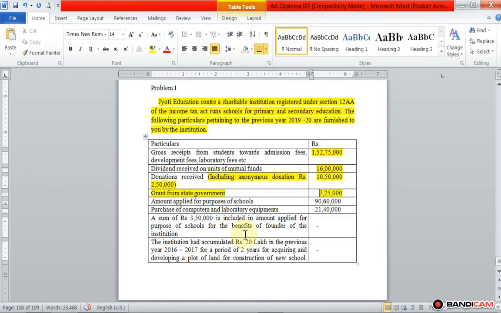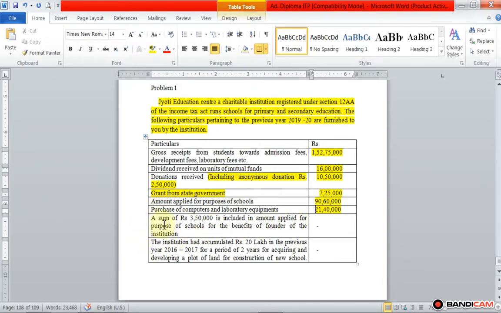Amount applied for the purpose of school amounted to rupees 90,60,000. Then purchase of computers and laboratory equipment. It means it is application of income in purchase of computers and laboratory equipment, amounting to rupees 21,40,000.